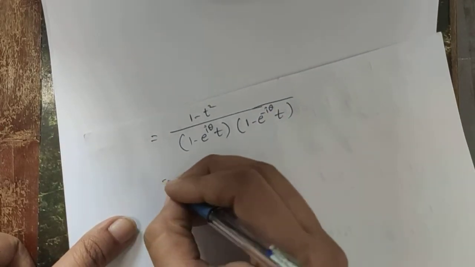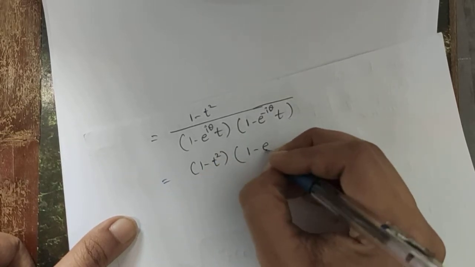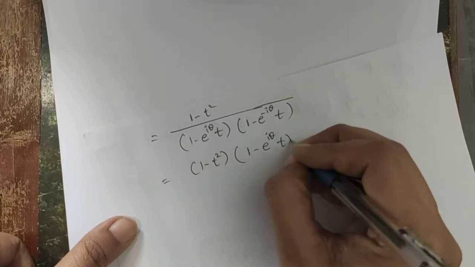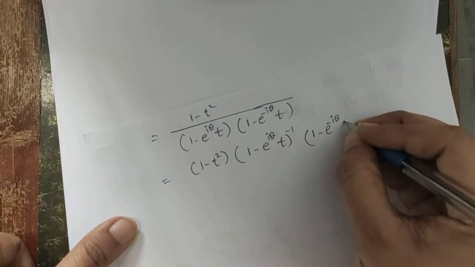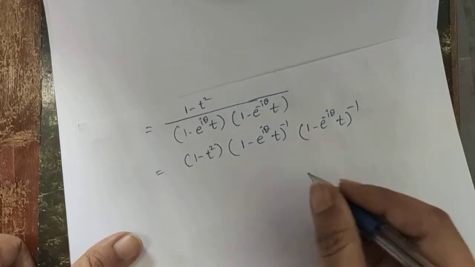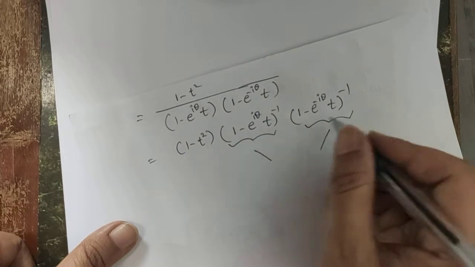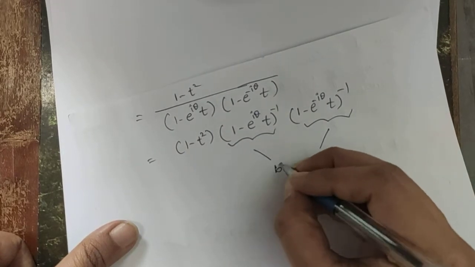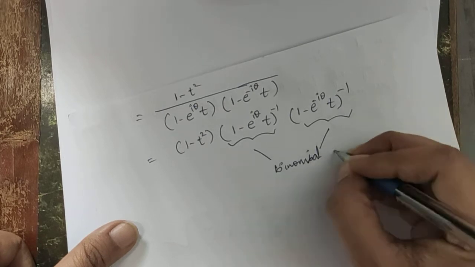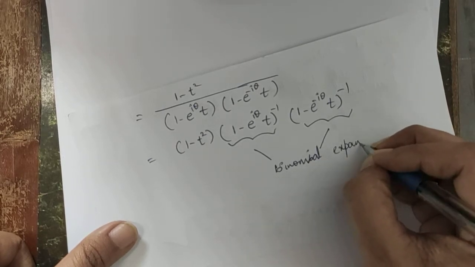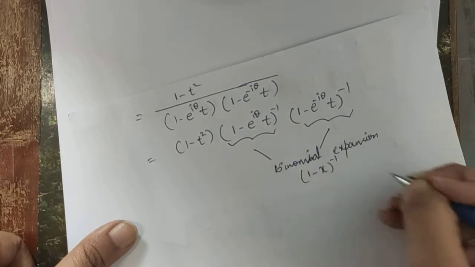So now we can write this as (1 minus t square) into (1 minus e power i theta into t) whole inverse into (1 minus e power minus i theta into t) whole inverse. For these two terms, I can express them using binomial expansion, which is nothing but (1 minus x) whole inverse, right?